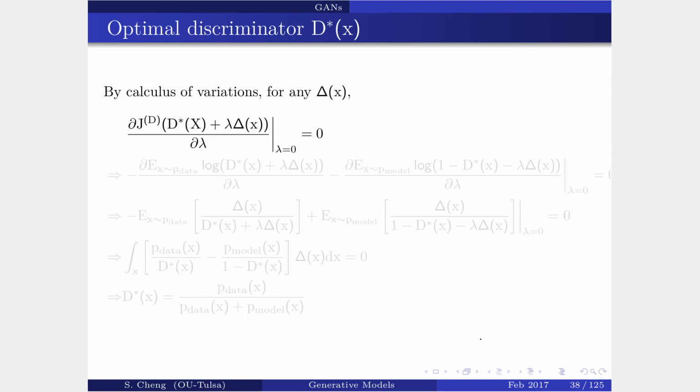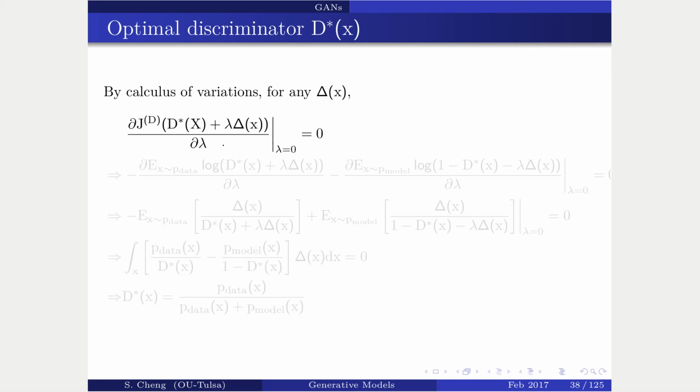So, okay, I guess I'll go through this and I will stop today. Now for the optimal discriminator, it's actually easy to derive. You can derive it in closed form using calculus of variations.